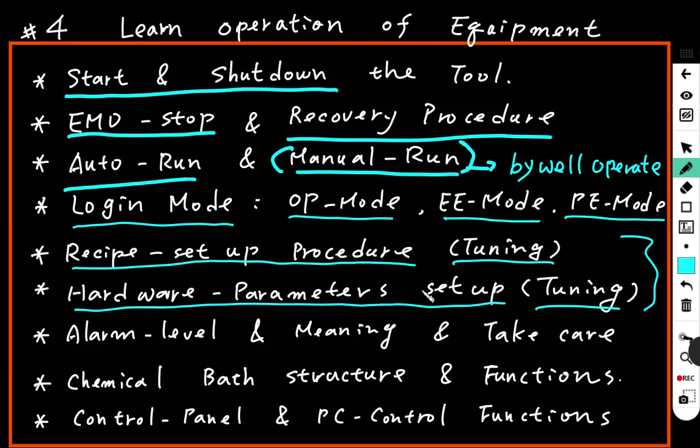So the hardware parameters and the recipe parameters work together for the process. These two are very important.